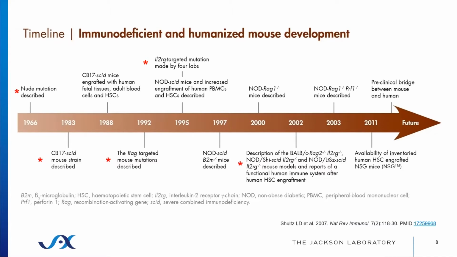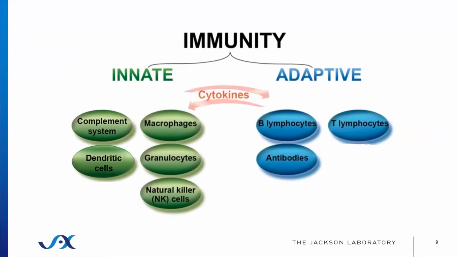In the 1990s, the development of immunodeficient mouse models progressed substantially with the creation of the RAG knockout and the IL2RG targeted mutations, and the addition of the scid mutation to the NOD inbred background. The backcrossing of the scid mutation to the NOD genetic background created mice that could engraft human primary cells and tumors, progressing the field further. NOD/SCID mice led to the development of NSG mice. The NSG mouse and its derivatives have led to a preclinical bridge between mouse and humans.